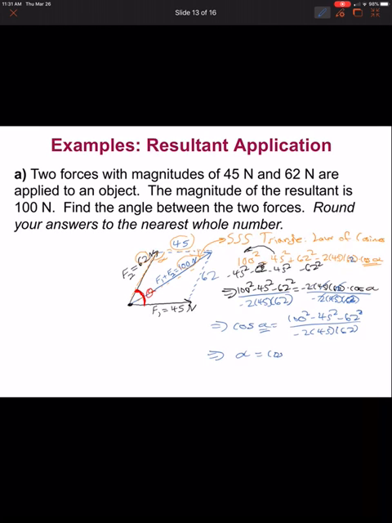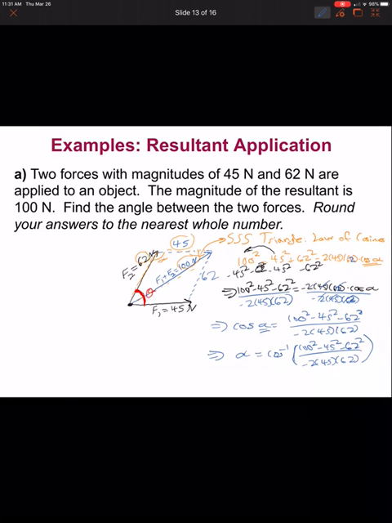So alpha is the cosine inverse of 100 squared minus 45 squared minus 62 squared divided by negative 2 times 45 times 62. We're ready to go to our calculator and type that in to get our angle measurement for alpha.